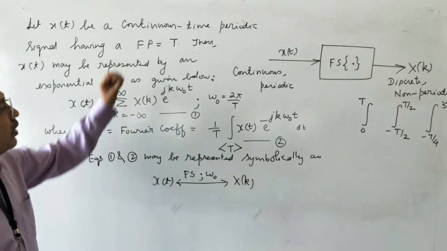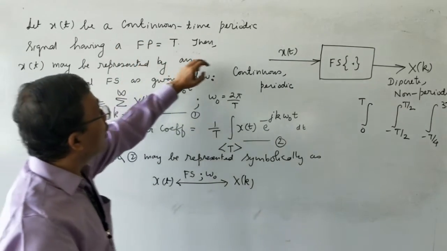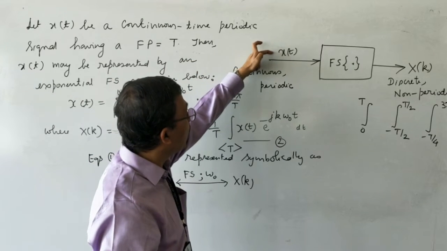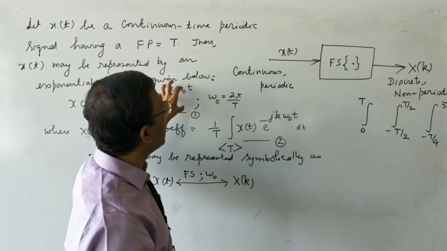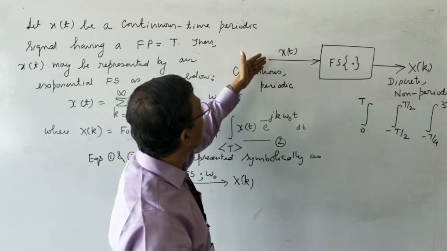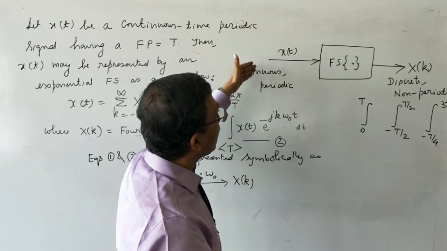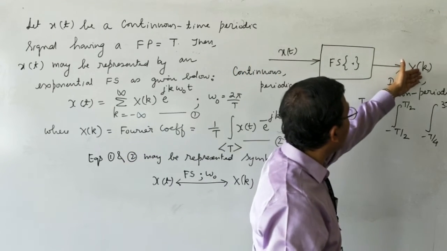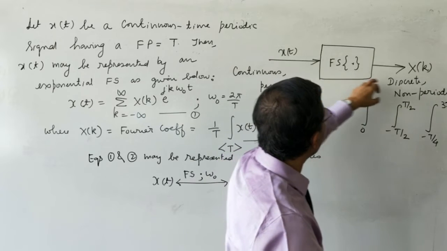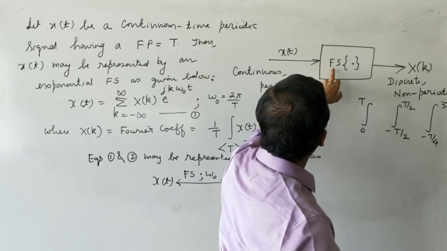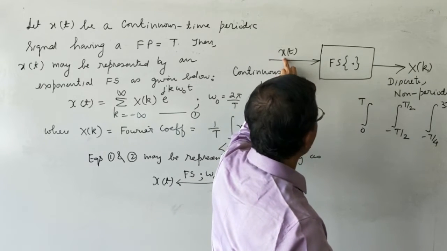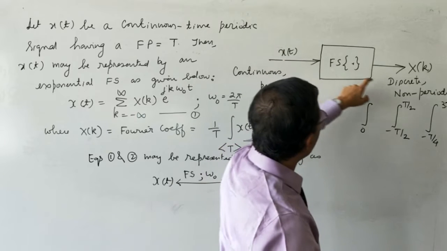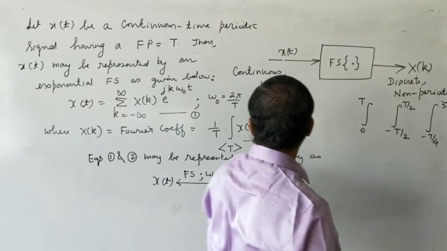I again repeat. We have got a continuous time signal which is periodic, has got a fundamental period equal to T. This signal x of t gets converted into x of k as per this block diagram. What is x of k? Fs operating on x of t. X of k is discrete, non-periodic.